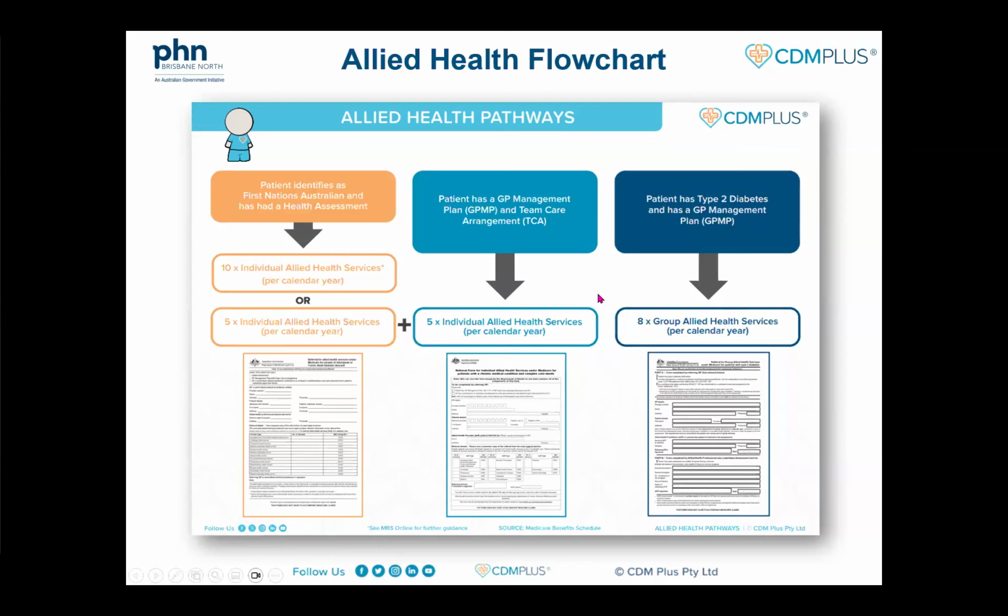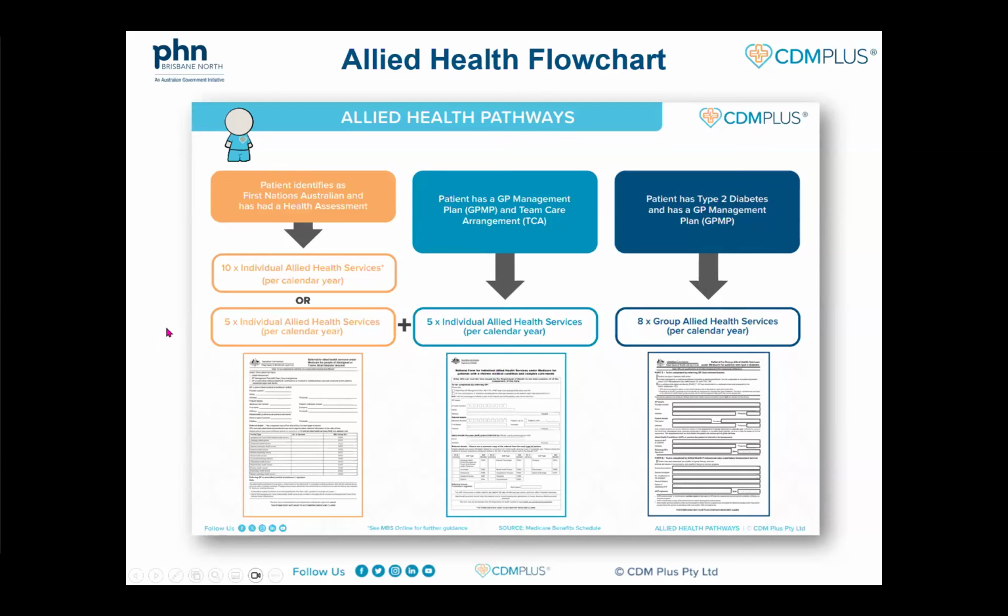And then the third pathway, which I think a lot of people don't recognise or use, is if the patient has type 2 diabetes. You might be doing a health assessment for someone that has type 2 diabetes, so they can access those 5 visits under a care plan, or if it was a First Nations health check, they could access whatever they're eligible for. So they could access visits under a health check, a care plan, and then the group services for type 2 diabetes as well.